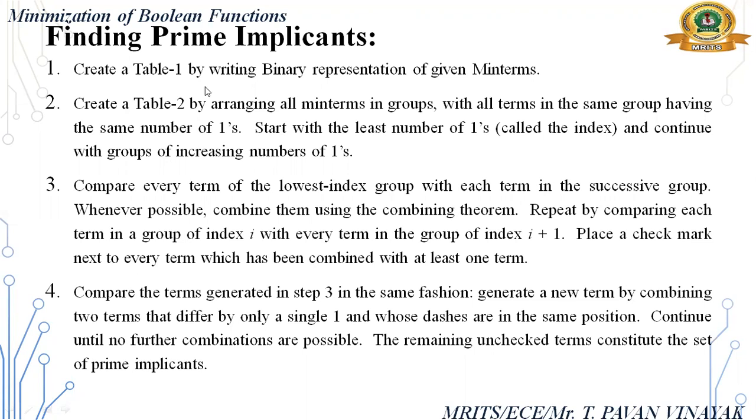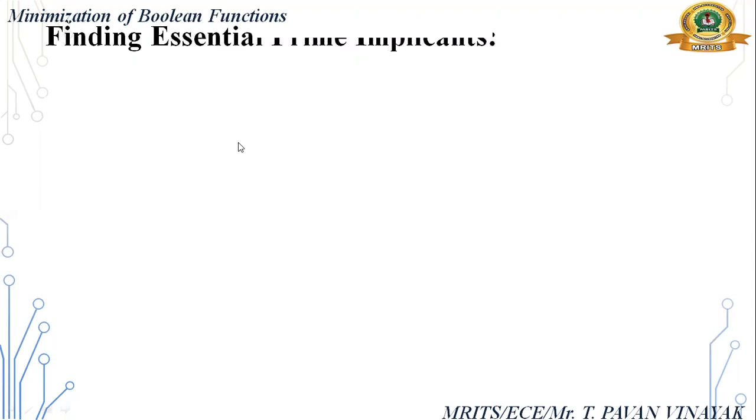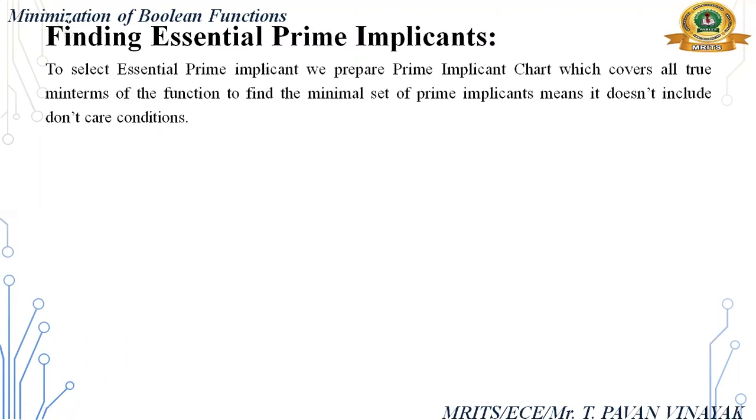How to find it? Essential prime implicants depend on minterms, right? As per the definition, essential prime implicants mainly depend on prime implicants and minterms. So we have to form a table.